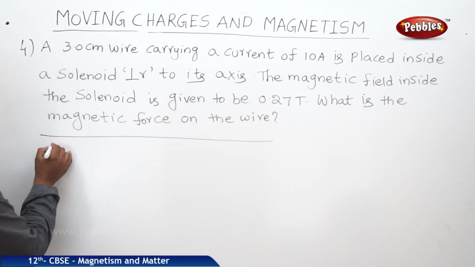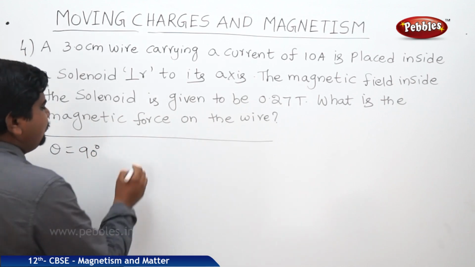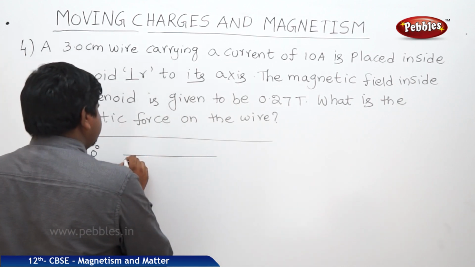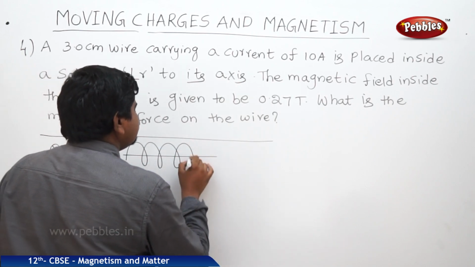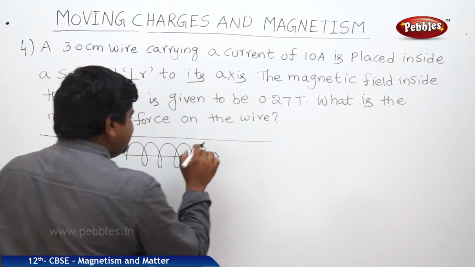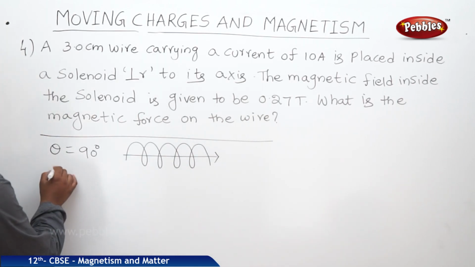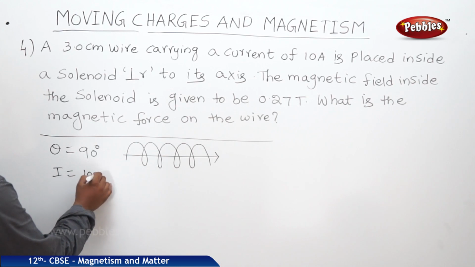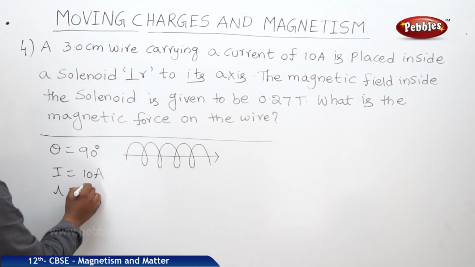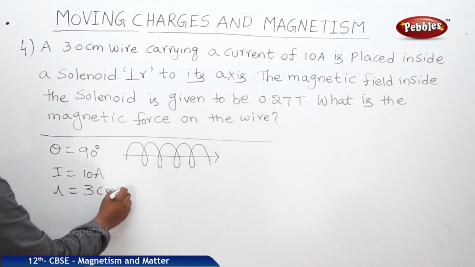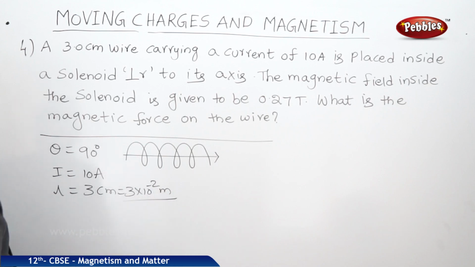Placed inside the solenoid means like this, a winding with the object inside carrying a current I equal to 10 amperes. The length of the wire is 3 centimeters, so we can write 3 into 10 to the power of minus 2 meters.